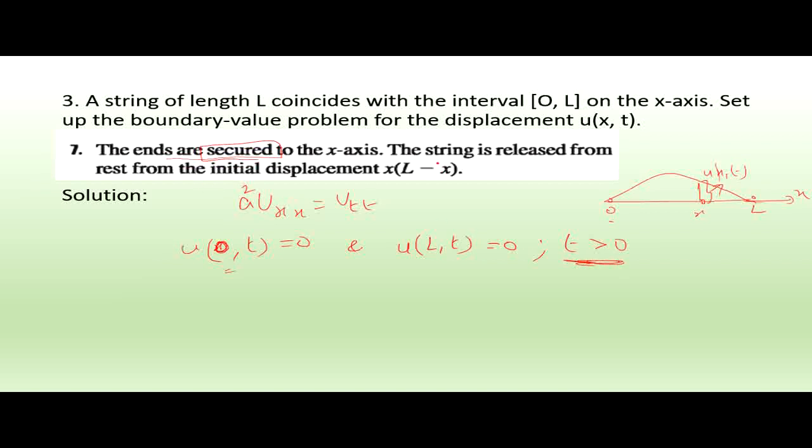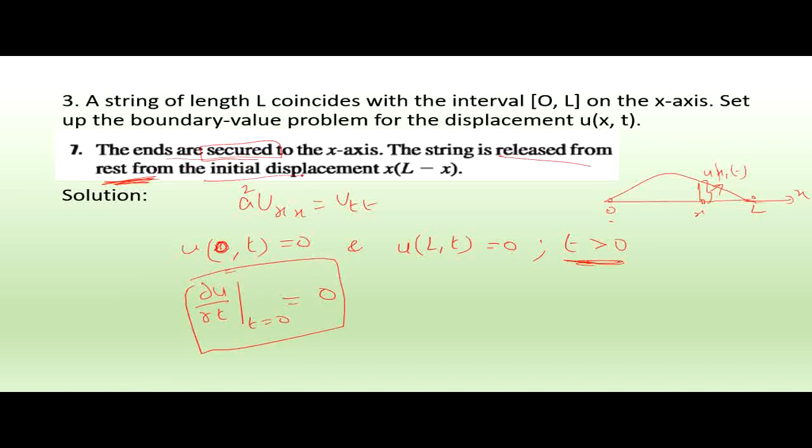Okay. And the string is released from rest. So initial velocity is 0. Dou u by dou t when t is 0 is 0, since it is released from rest, isn't it?